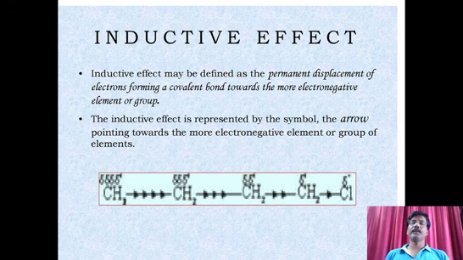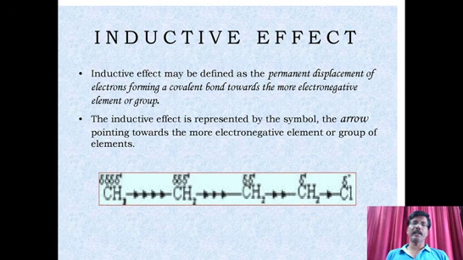Due to the difference in electronegativity, a permanent displacement of electrons forming a covalent bond towards the more electronegative element is called the inductive effect. That is, due to the difference in electronegativity of two atoms, the sigma electrons shift towards the more electronegative atom, partially, not completely.